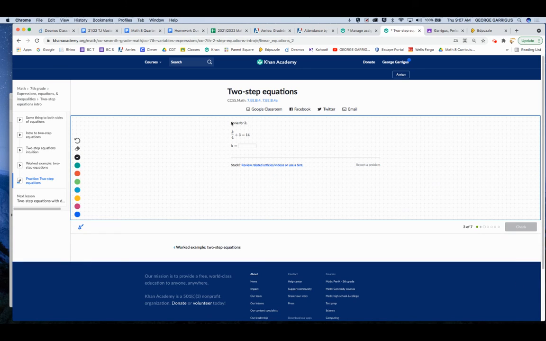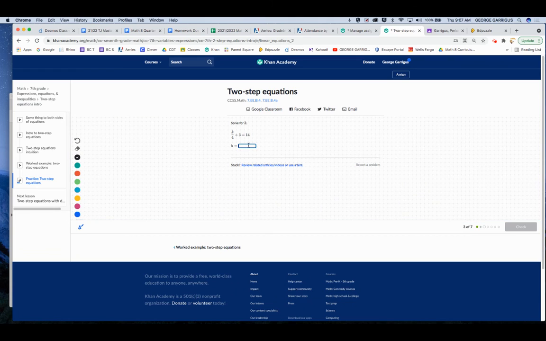Oh man, I've seen this problem before. I could probably solve it. But again, if you're totally lost, you can go straight to the hint. You have to give it a try. Subtract 3, that's 11. I'll use a little mental math. 11 times 4 is 44. Let's say I made a mistake and put 43.